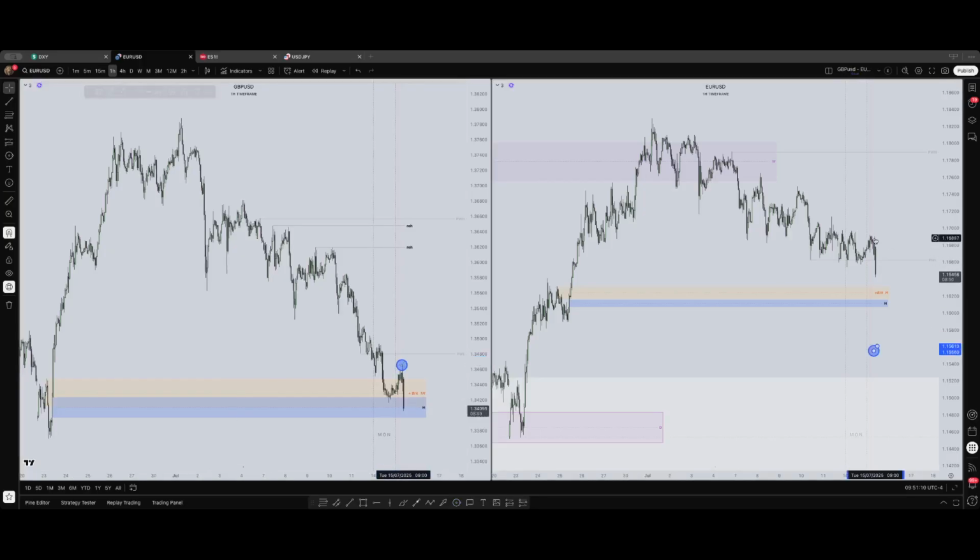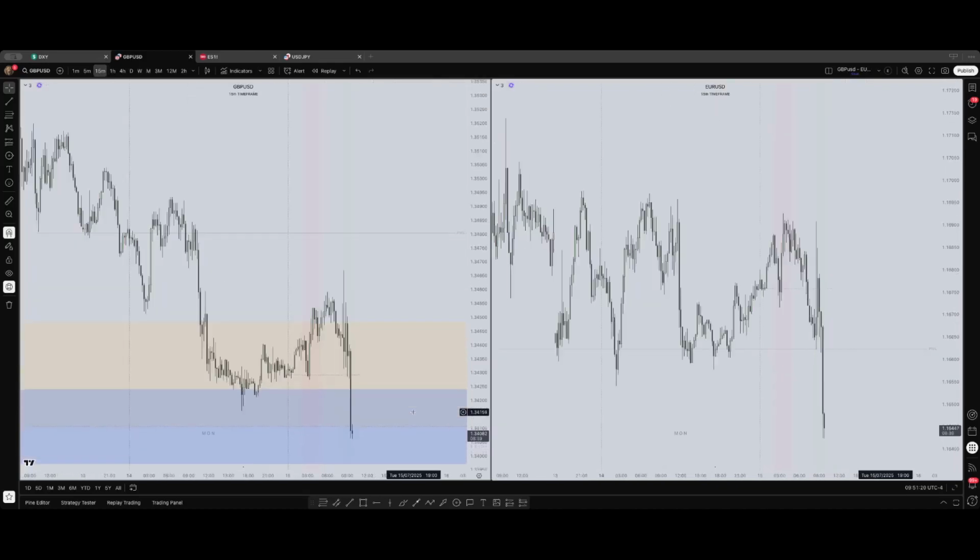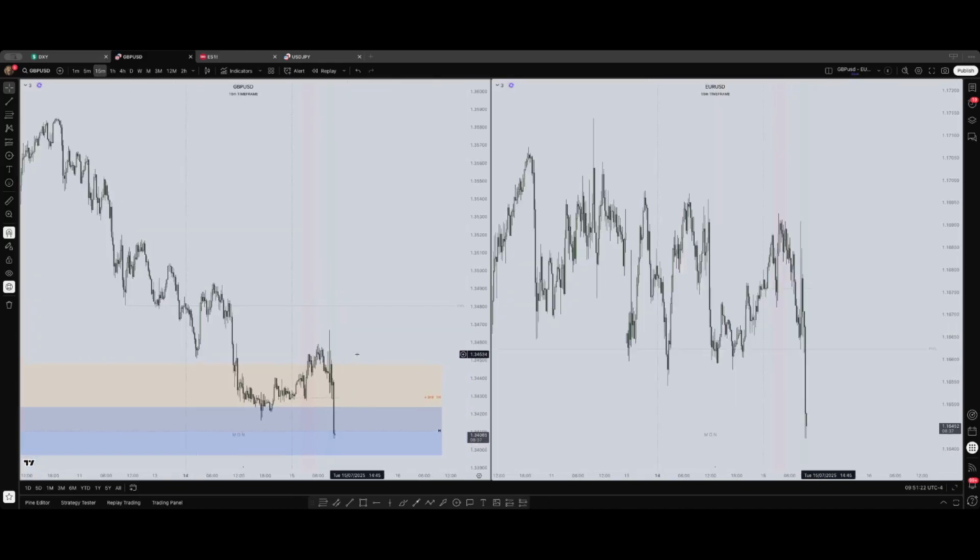Okay, same here. So far that's an important high to keep an eye on. But we don't need to wait for this.